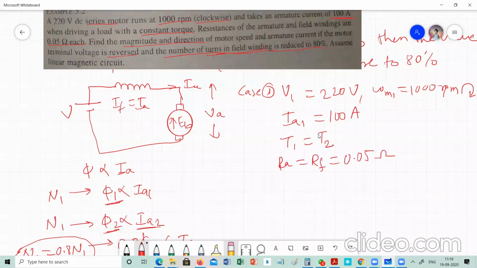So in second case, what they have asked and what they have given: find the magnitude and direction of motor's speed. What is the value of omega m2, and what is the direction of rotation?